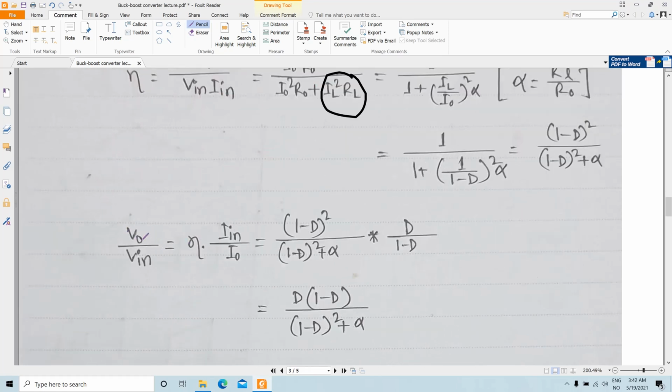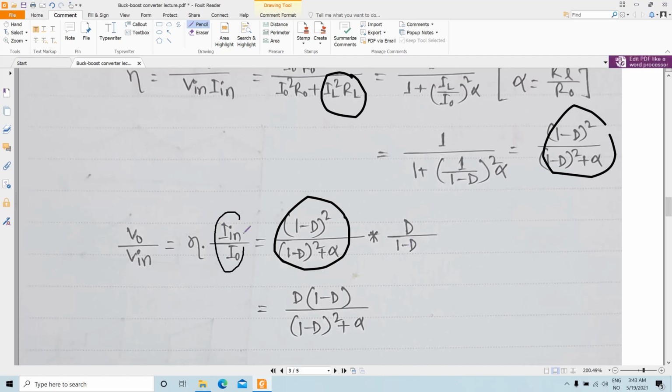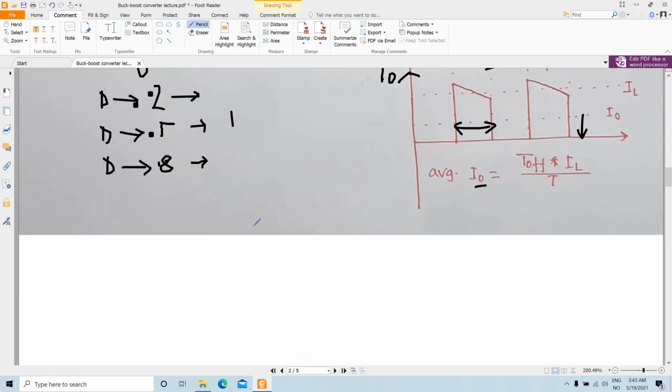And the gain equation, V out divided by V in, is basically your efficiency multiplied by I in divided by I naught. Your efficiency you just calculated from here, and it's multiplied by D divided by 1 minus D, which is the relationship between your input current and the output current that you derived earlier.